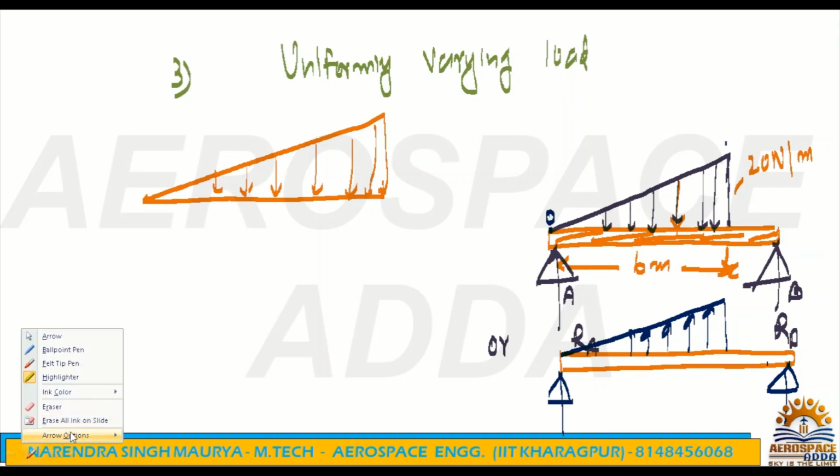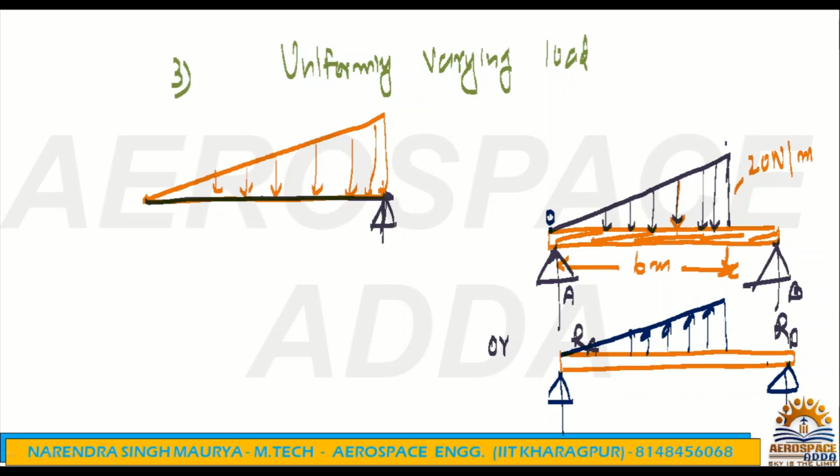I can show this. Suppose this one is the beam and this is the simple support here. Oh, sorry, I should not give this. I just want to show you that beam separately, somewhere here.